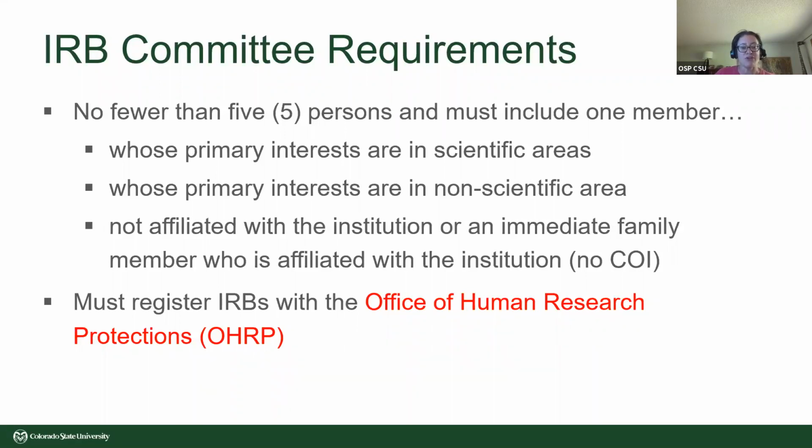You don't want somebody who's an alumni of your institution and a donor of your institution on that board, because they might be thinking, well, if I don't approve this protocol, and particularly if it's tied to research funding, then they're not going to get their research funding. So you want to have that separation and that transparency. And I already mentioned this other one in the other slide, that the institution must register their IRB with OHRP.